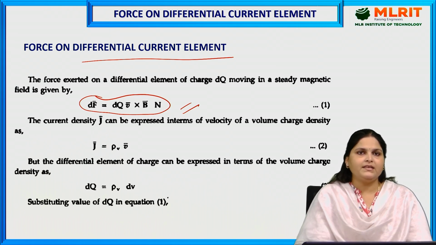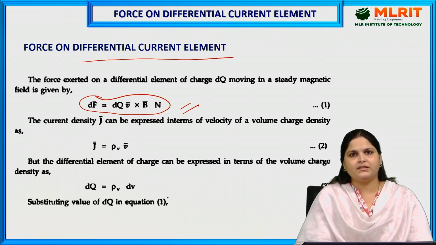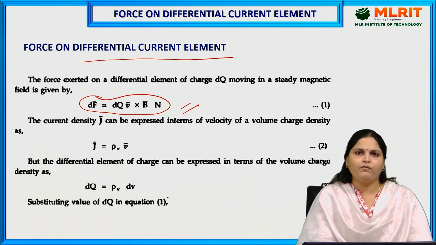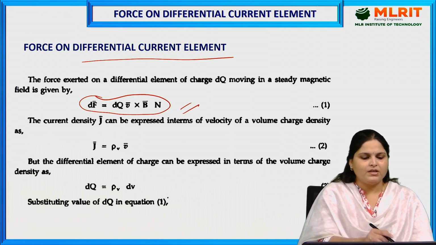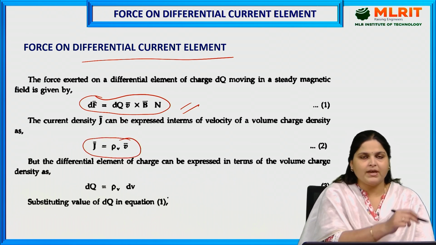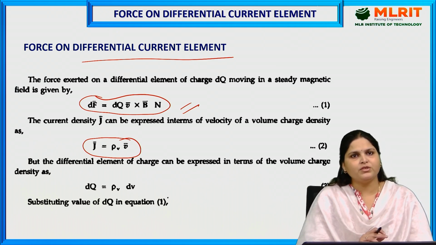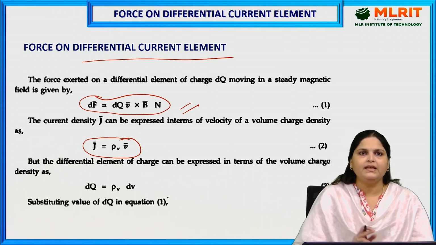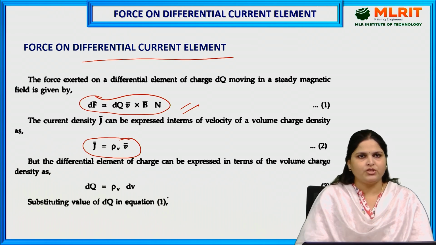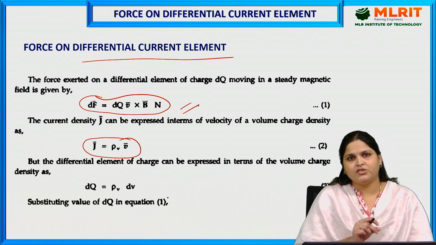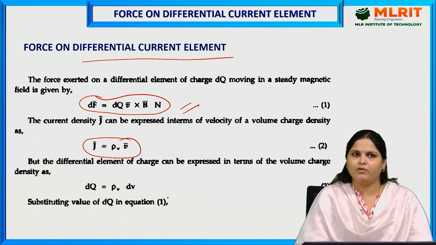Now the current density J can be expressed in terms of the velocity of a volume charge density. We know the formula J equals rho v into v, where rho v is the volume charge density, J is the current density, and v is the velocity of charge. The differential element of charge can also be expressed in terms of volume charge density.